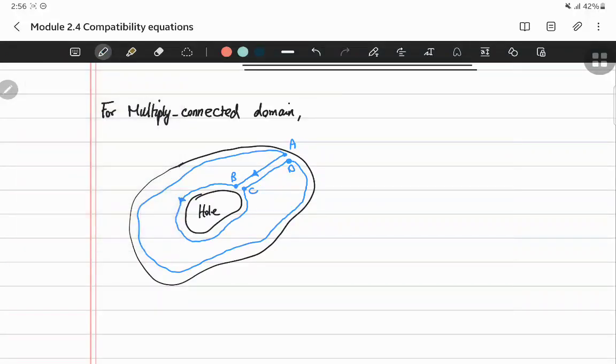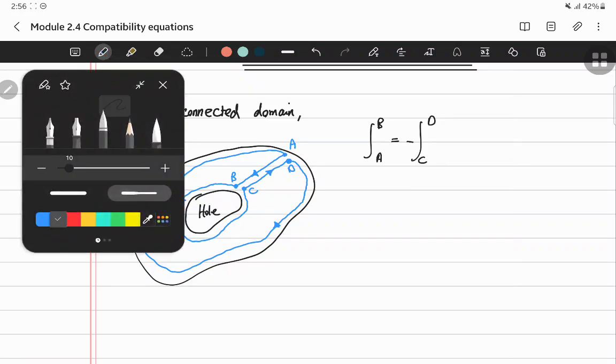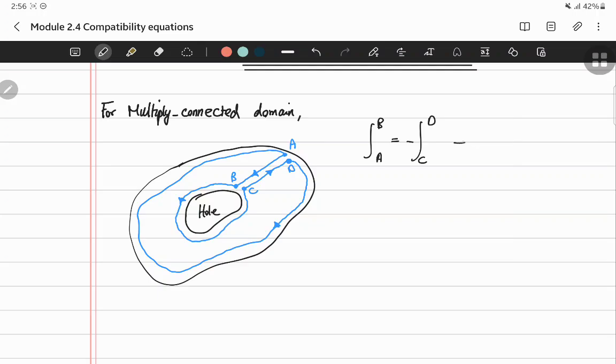And here, remember that the integral from A to B is equal to the minus of integral of C to D. This is the direction. All right. Therefore, we can say that the integral from A to B plus the integral from C to D is 0.